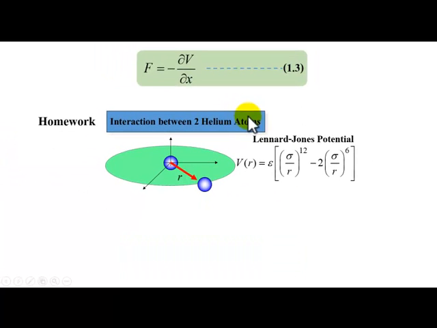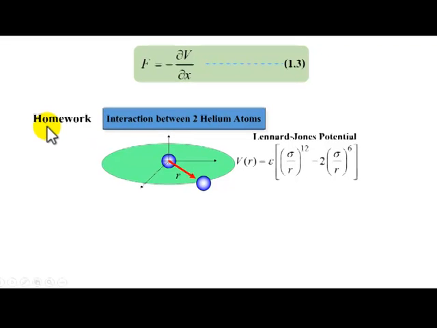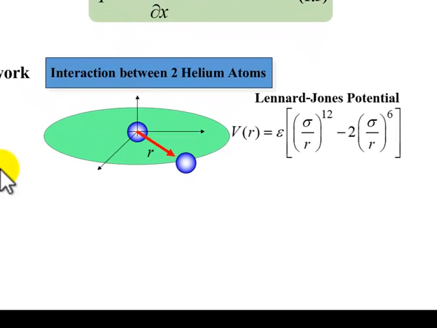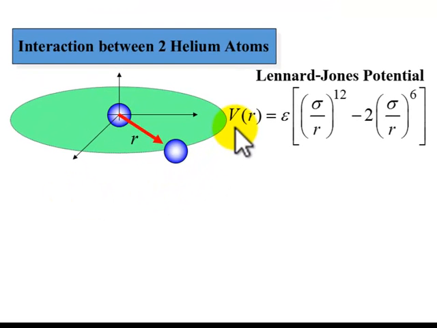As a homework problem, consider the interaction between two helium atoms. Instead of using force to describe the interaction, we can think of it as a potential energy of the system, as indicated.